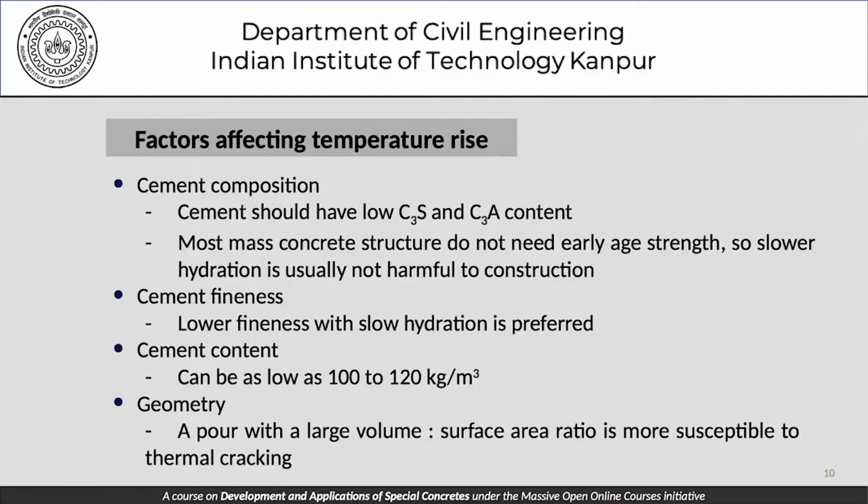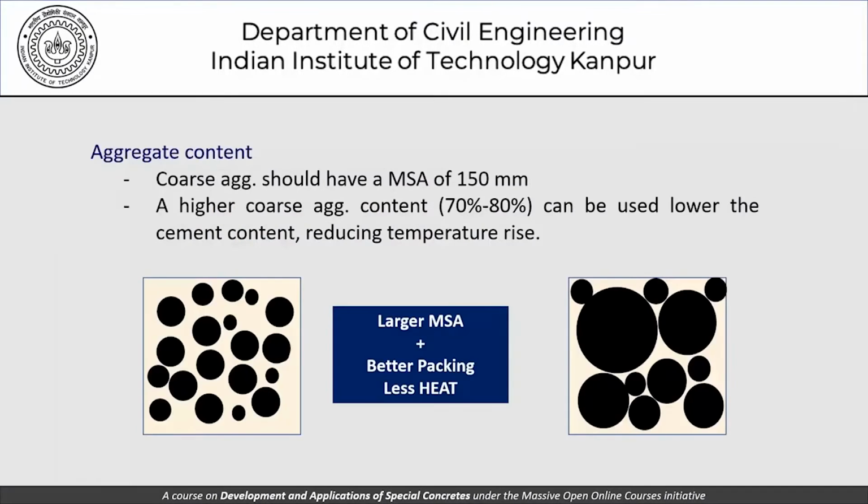That is, it will have a larger amount of heat generated, which will be difficult to manage. Aggregate content in the concrete obviously is yet another factor. The coarse aggregate should have a maximum size of about 150 mm if it can be managed. A higher coarse aggregate content is another important requirement which will help us control the amount of temperature rise that we have.